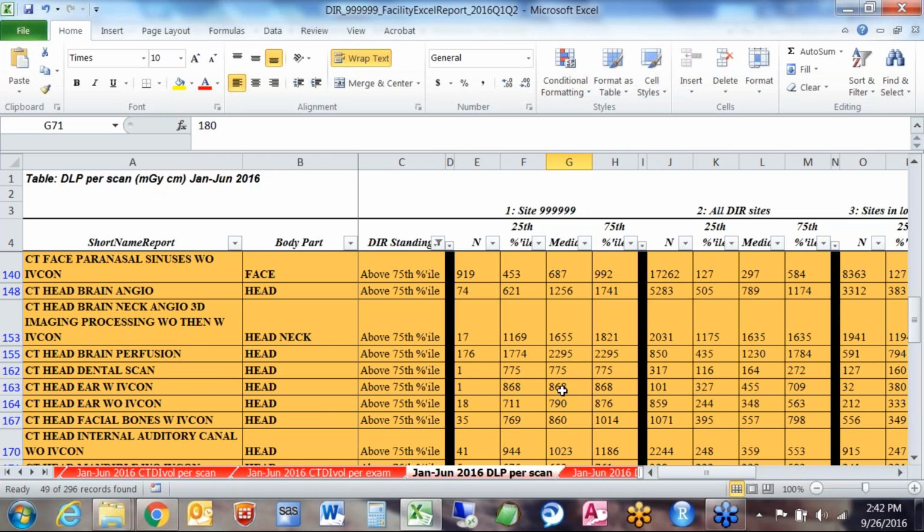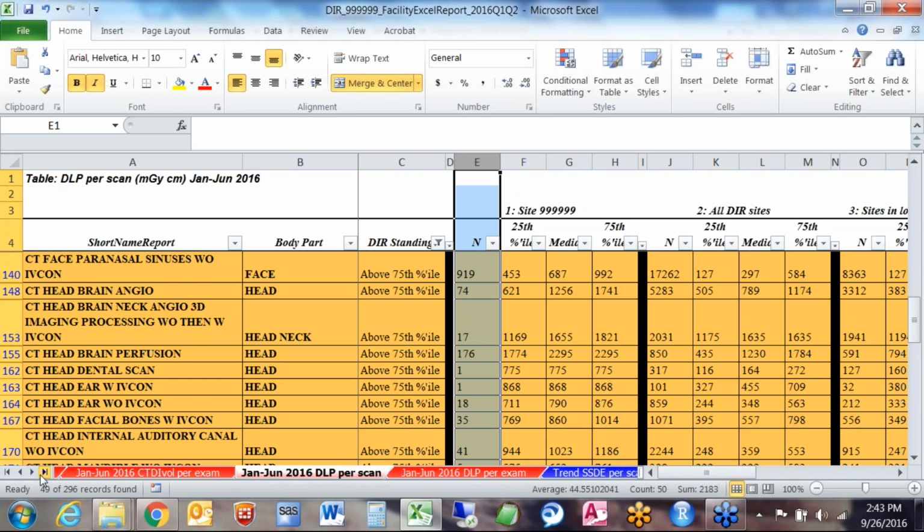For example, if you are selecting this exam, it has only one exam, and its value is above the DIR 75th percentile value, but I would not select this one for changing my protocol, because it could be one specific case for which you had to use that higher dose. So this N is very important. When you are looking at the median and 75th percentile, also look at N.